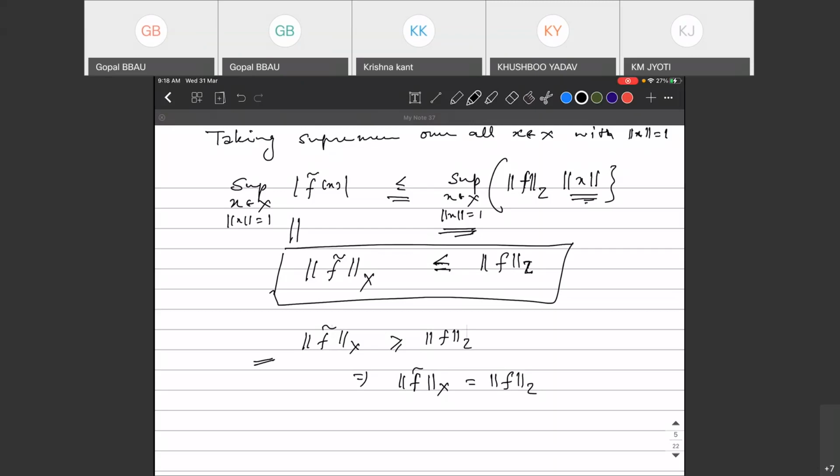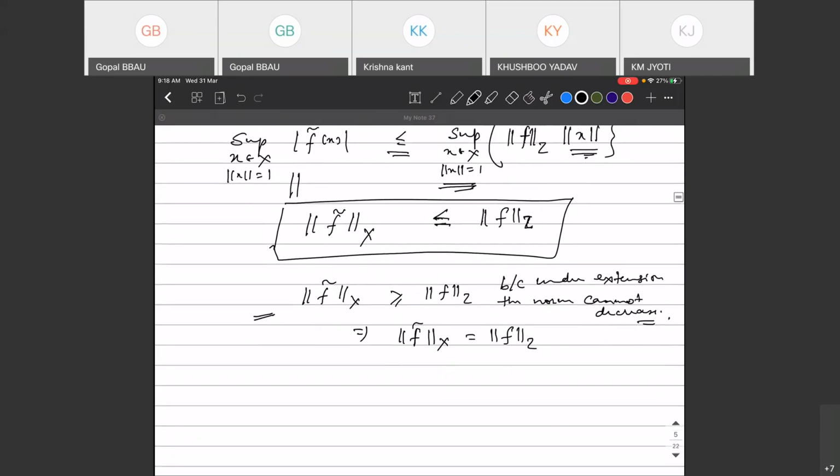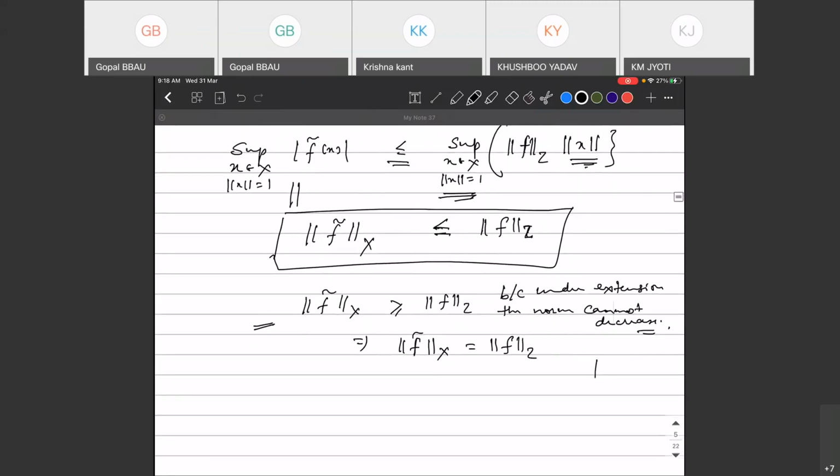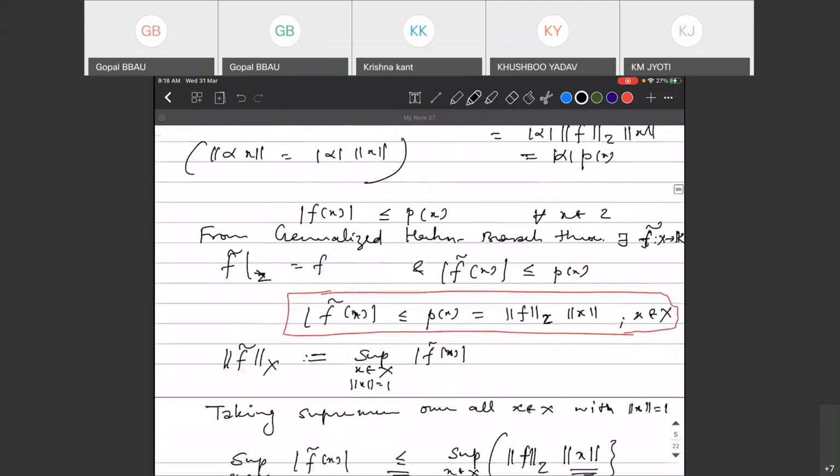So this is the Hahn-Banach theorem for normed linear spaces, and we have just proven it.